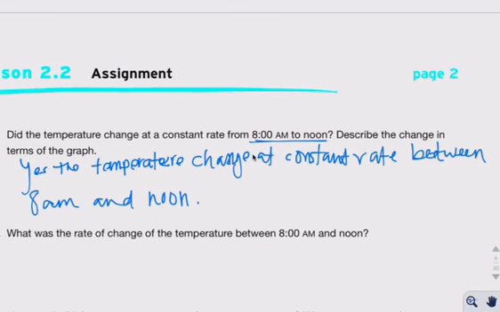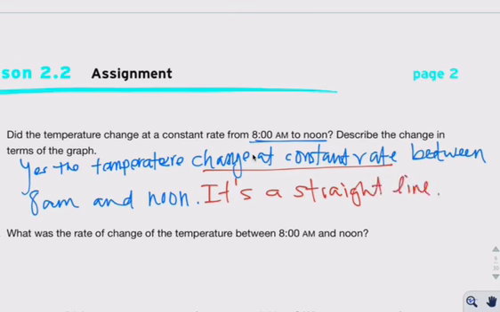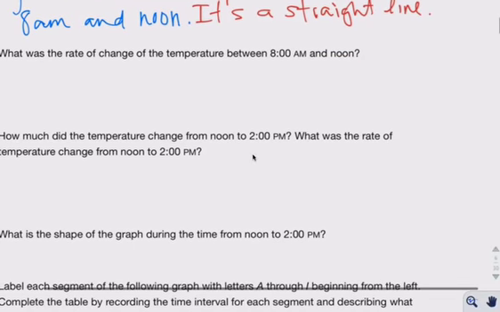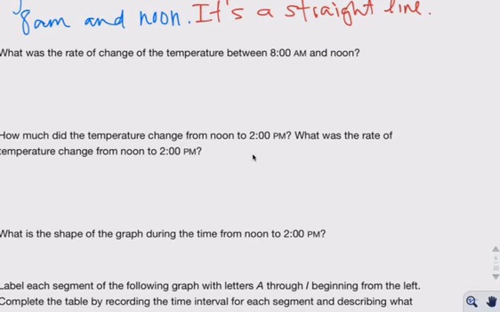The reason why it's a constant rate of change, how I know, or how you should know, is it created a straight line between 8 a.m. and noon. Just take these two apart. It is straight. Okay? What was the rate of change between 8 a.m. and noon? Anytime it asks for rate of change, it is per hour.